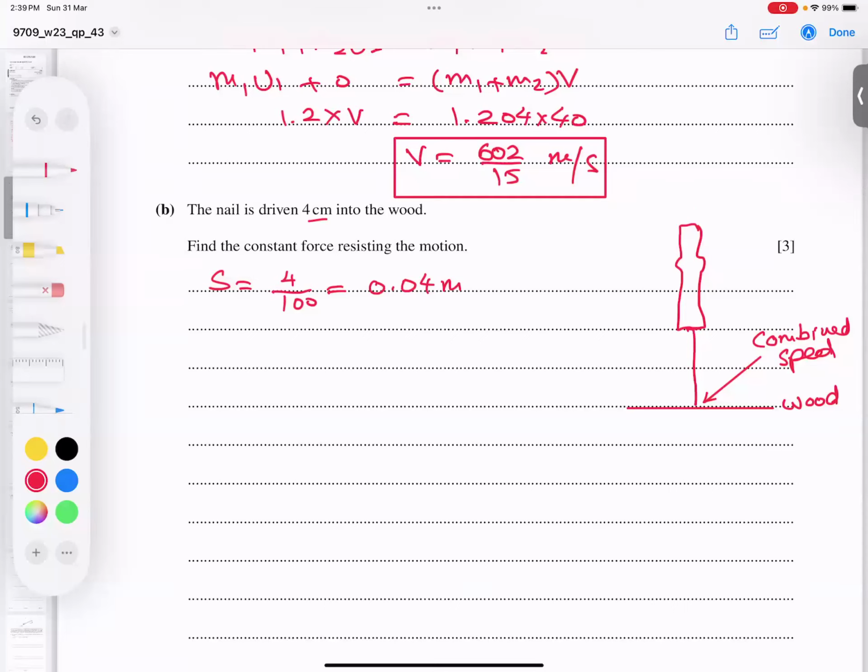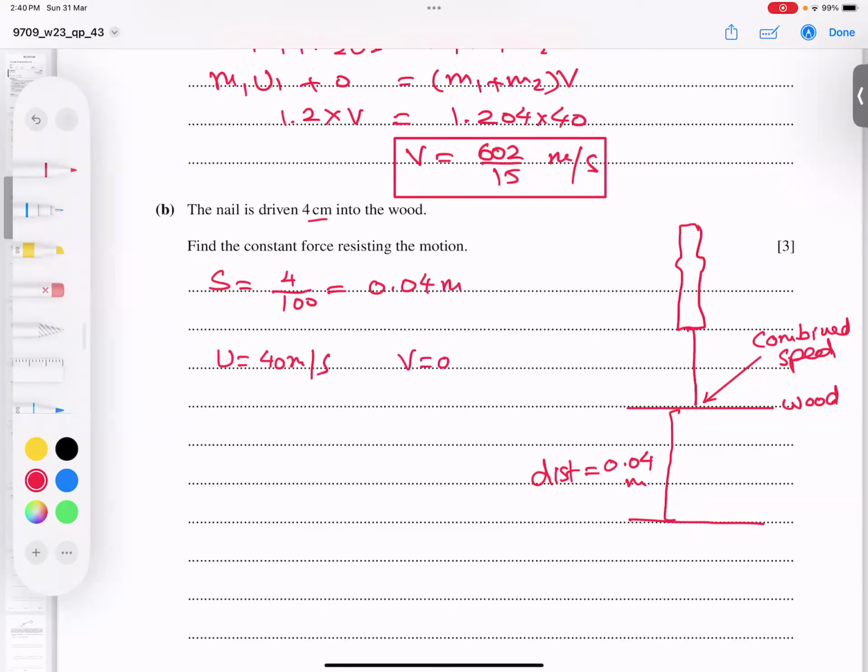It travels a distance of 0.04 meters, so it will reach here. When it enters, the speed is 40, so u is 40 meters per second. And ultimately, when it reaches here and stops, why does it stop? Because further it's not going inside. So the last velocity is 100% zero.